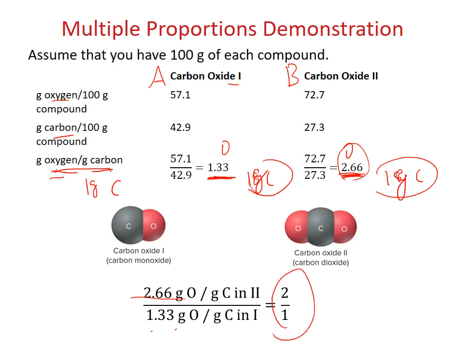This tells you that if we fix the mass of one element, in this case carbon, then the mass of the other one, in this case oxygen, can be expressed as a ratio of whole numbers. In this case it is 2/1.